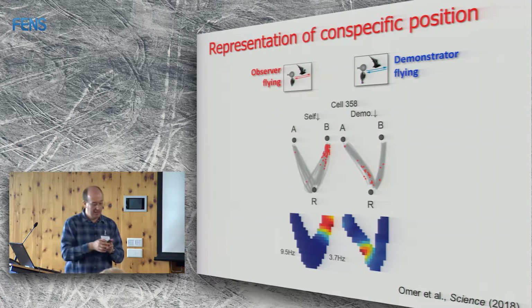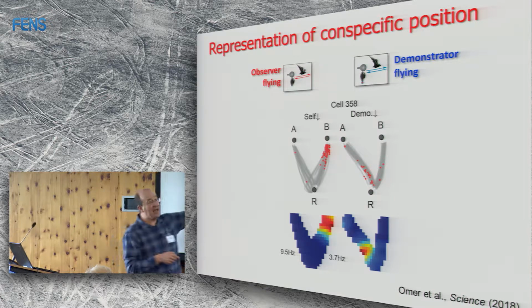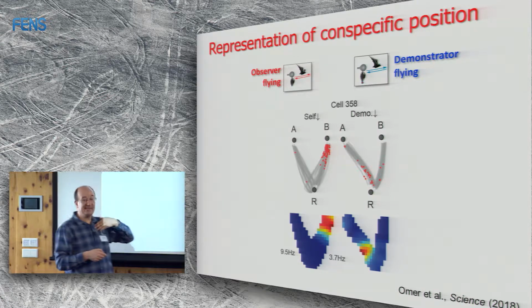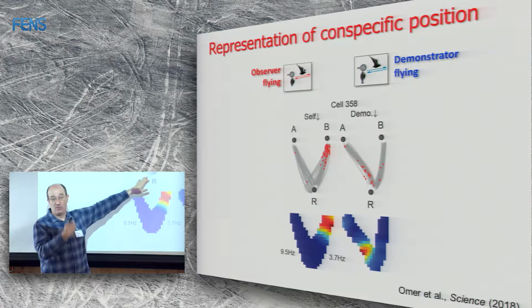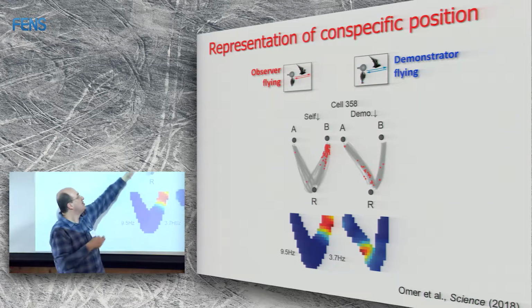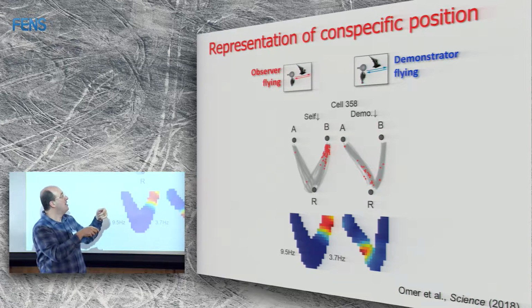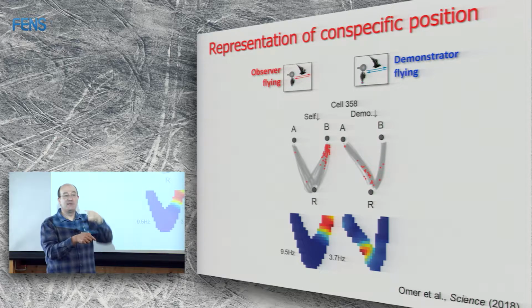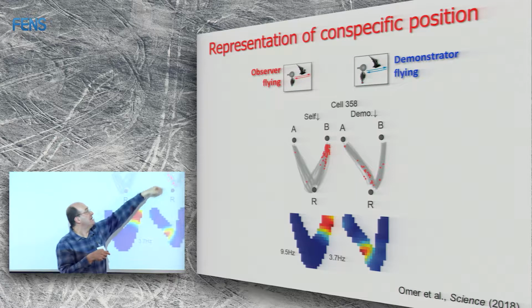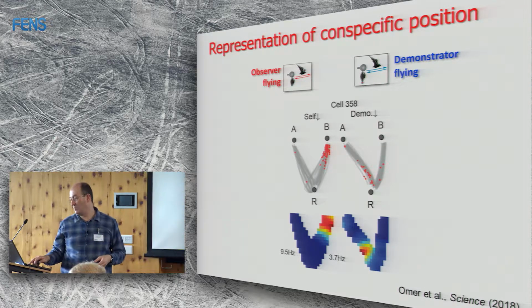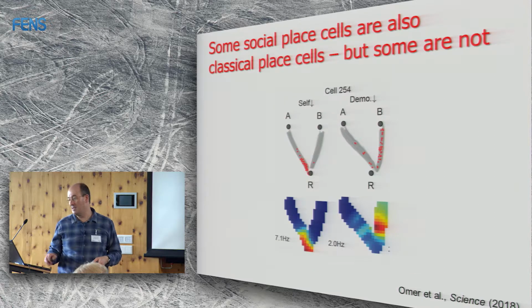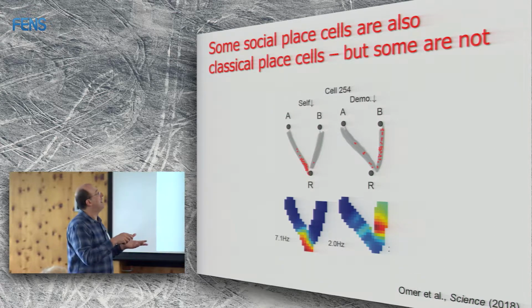Okay, so to show you an example neuron, on the left is the classic self-representation. So these are my trajectories with my spikes. I'm an observer, so this has a nice place field here, but when you plot the other bat's trajectories with my spikes, then you see that it also emits some spikes encoding the position of the other animal.